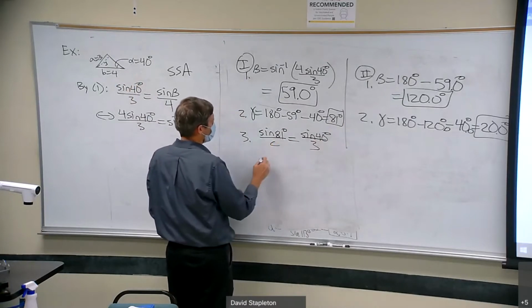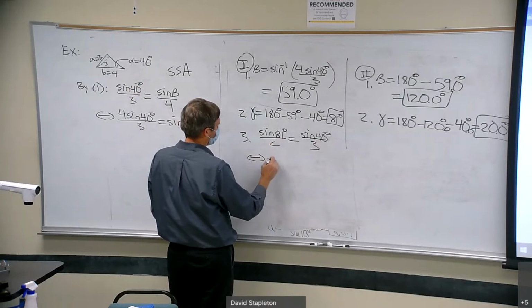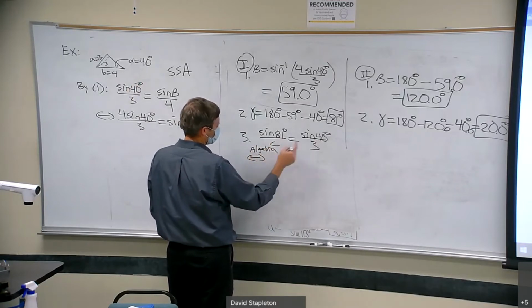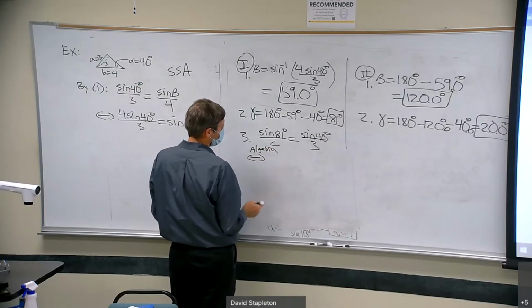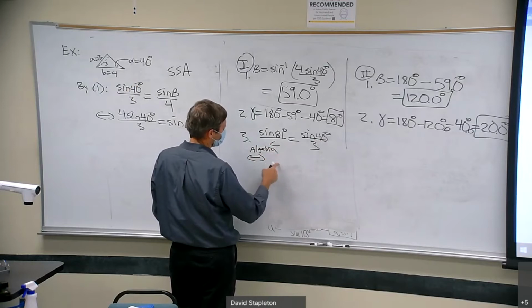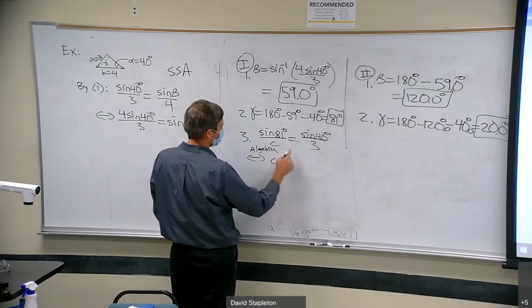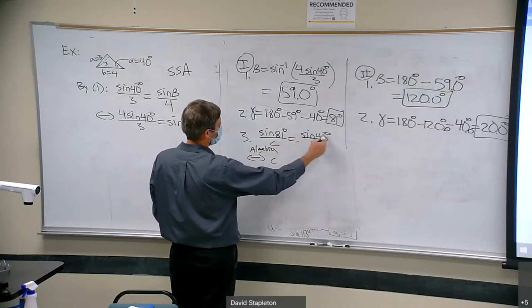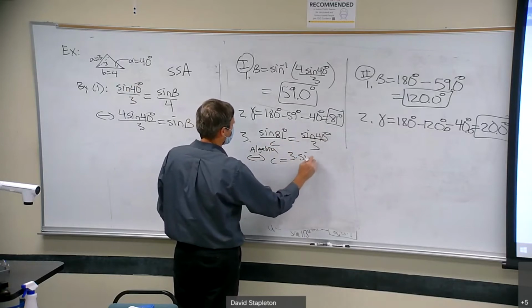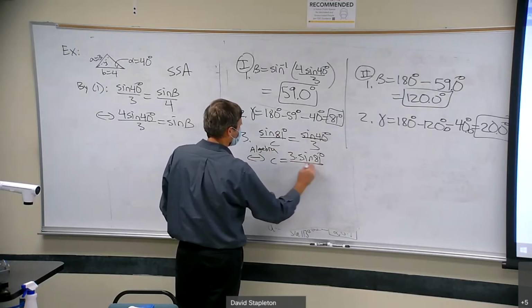Again, it would have been better to write this upside down, but now by algebra, taking reciprocals and cross multiplying, C can be written as 3 sine 81 degrees over sine 40.